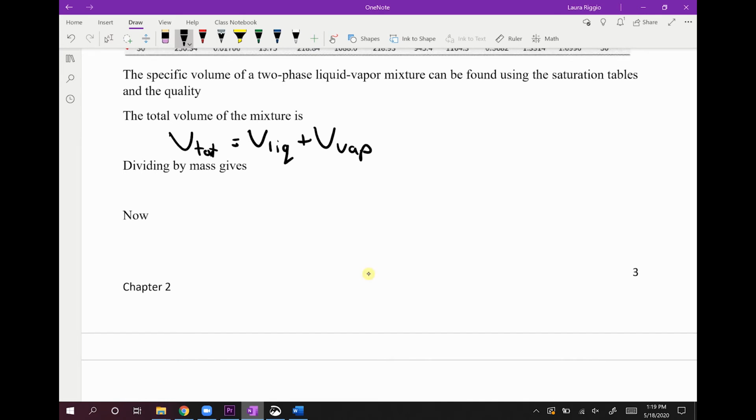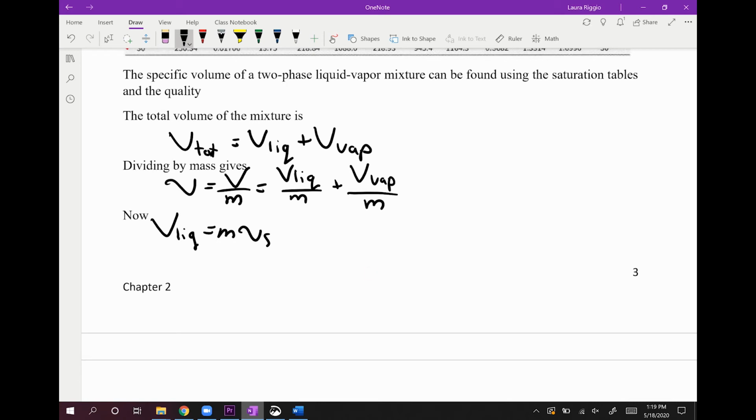If I divide by mass, it tells me the specific volume is equal to my volume divided by my mass, which is my volume of liquid divided by my mass plus the volume of my vapor divided by my mass. Now, if we recall, the volume of my liquid is equal to my mass times the specific volume of my liquid, and the volume of my vapor is equal to my mass times the specific volume of my vapor.